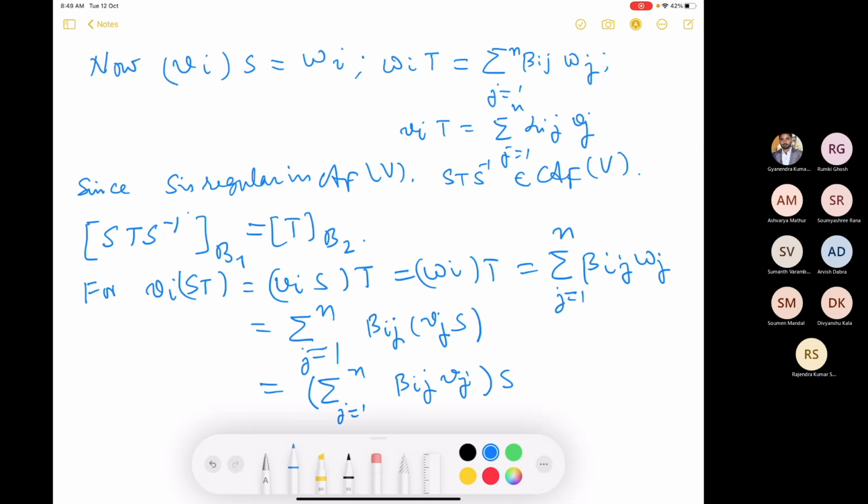Now, S is invertible. So what we get here is to apply S inverse on both sides: V_i S T and then S inverse is the same as the sum over j from 1 to n of beta_ij V_j.